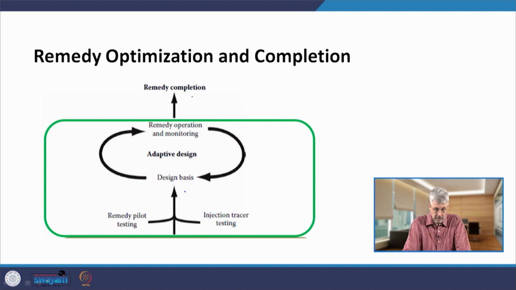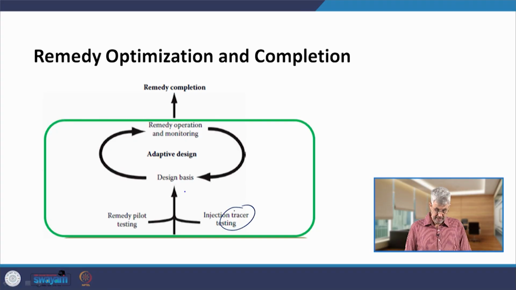So we are now at a stage where we picked a remediation technology that's appropriate to the site conditions that we have painstakingly monitored and formed our CSM for. Now we have to identify how do we optimize the remediation strategy that was identified in the previous step. And this is a design process. It's an adaptive design process.